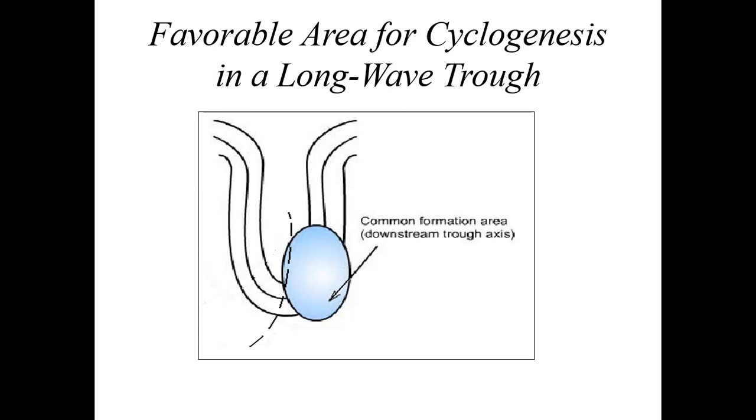And conditions are very favorable just to the east of this long wave, or downstream of that long wave trough axis. So if I'm looking at a jet stream chart or the model data for jet stream level winds or positioning, I'm looking for these kind of favorable locations just downstream of the trough axis for areas of low pressure to develop or storms to develop.